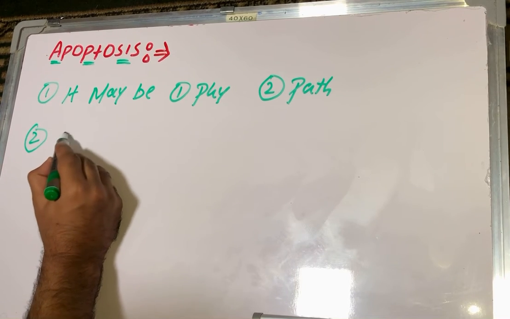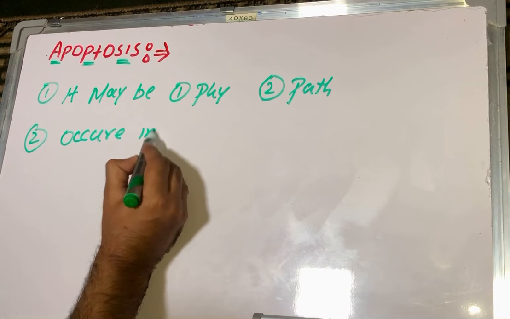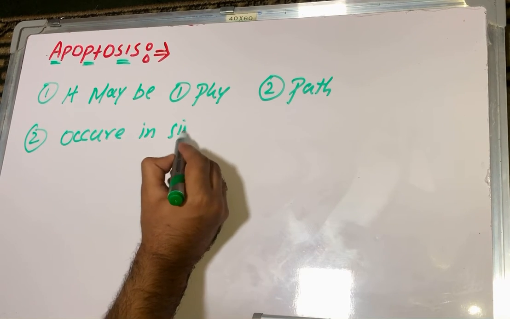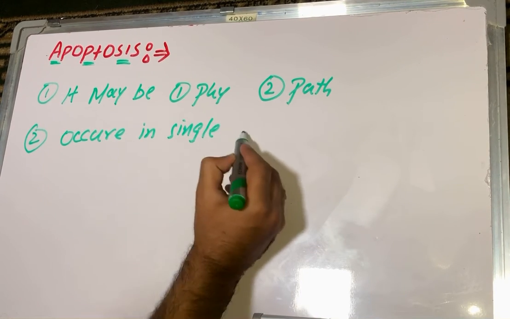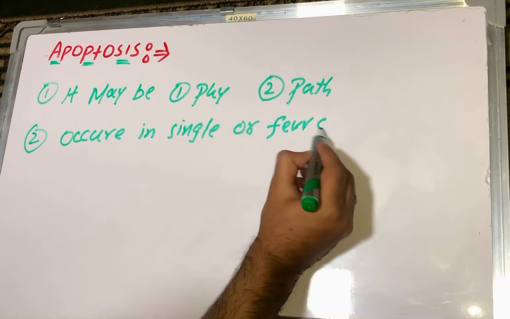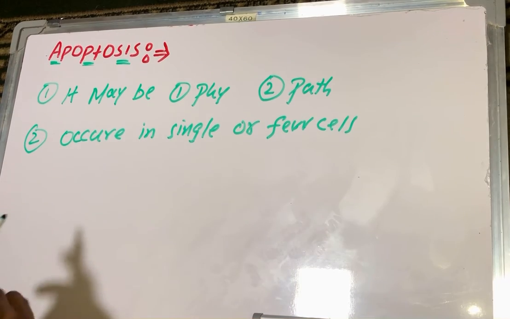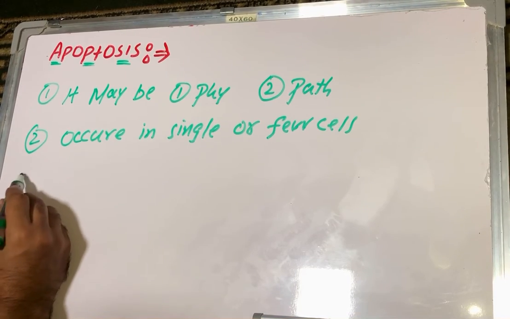Number second, apoptosis occurs in single or few cells. Necrosis does not occur in a single cell.